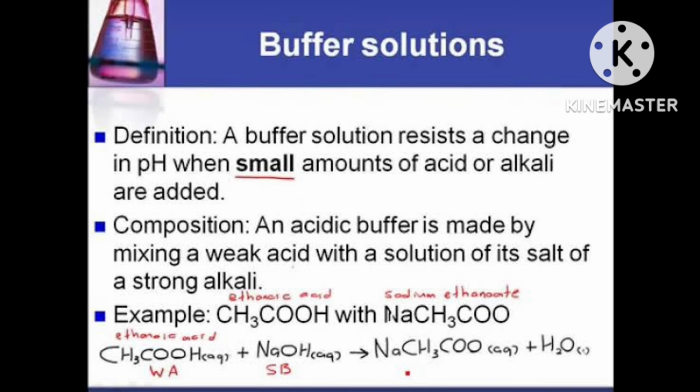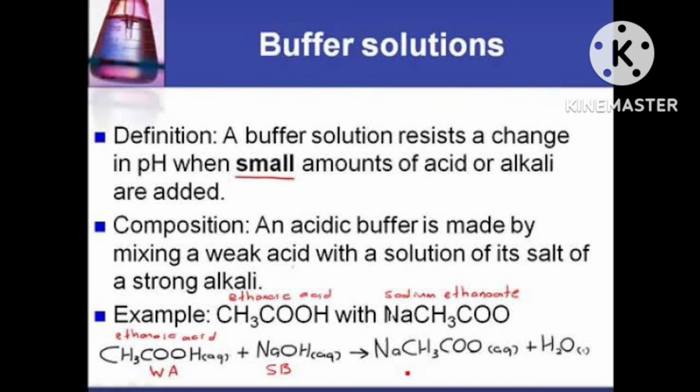Taking the square root, the x value will come 1.33 into 10 to the power minus 3. This is the value of x, meaning the concentration of OH ion, because x is equal to OH, and x is also equal to ammonium ion, but here you are interested in OH ion. Why OH ion?